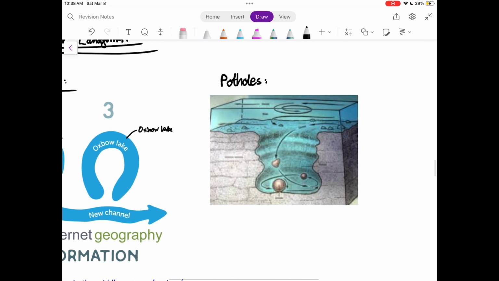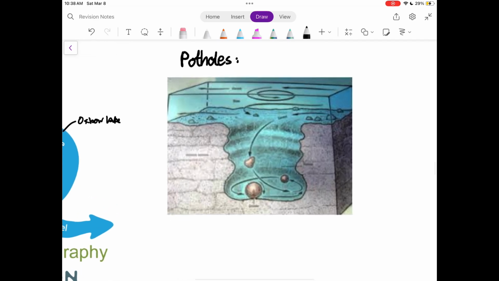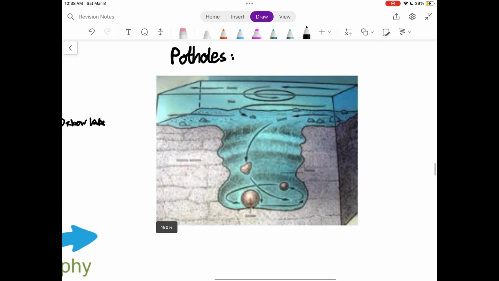So the next thing you need to know are potholes. It usually occurs when there's large vertical erosion. Because of turbulent water flow, it causes rocks to push themselves into the riverbed because of vertical erosion, and this can create little eddies.